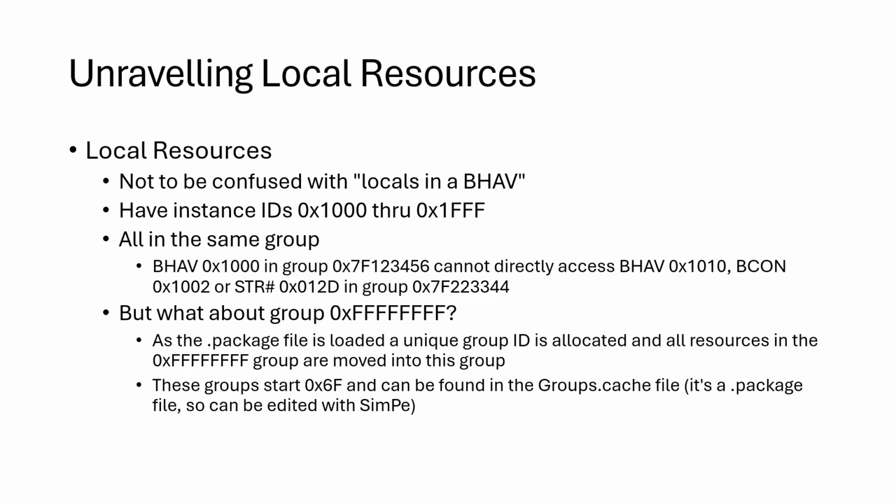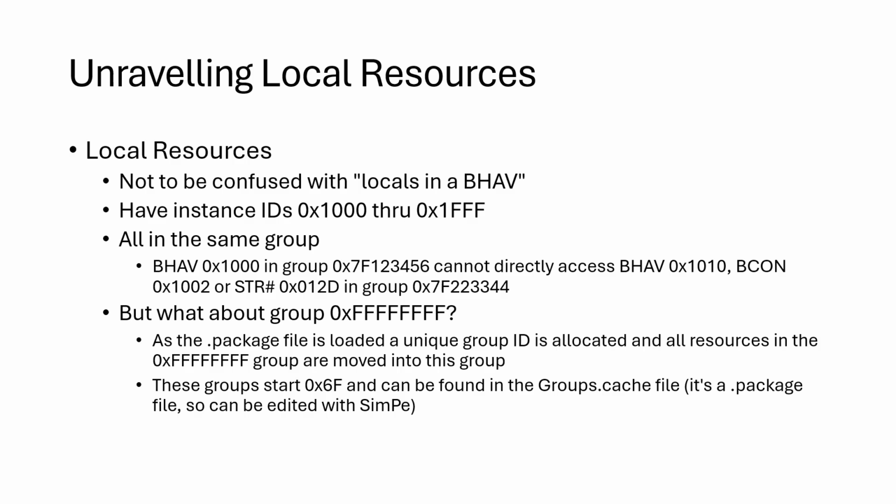When we clone an object and create a copy through Object Workshop, they all get put in this special group of FFFFFFFF, and they're all still in the same group. So you think, well, if I've got an object in one file and they're all in FFFFFFFF, and I've got another object in another file also in that same group, why can't object A call a BHAV that's in object B?